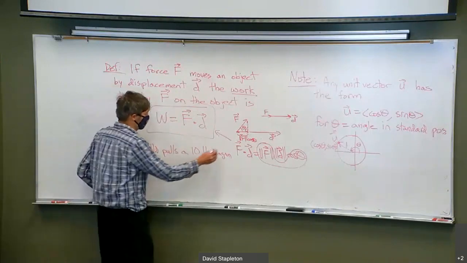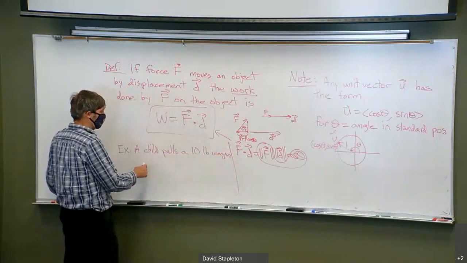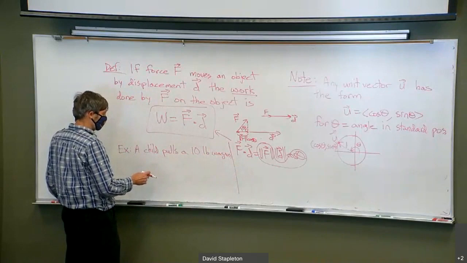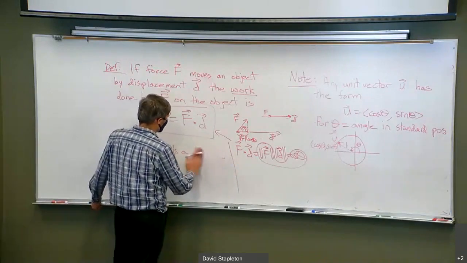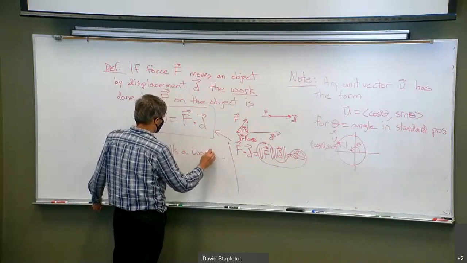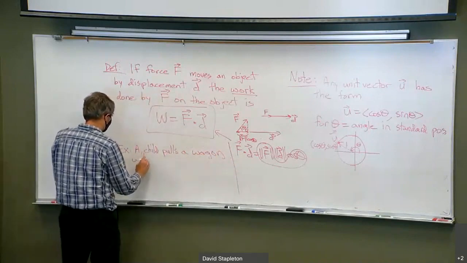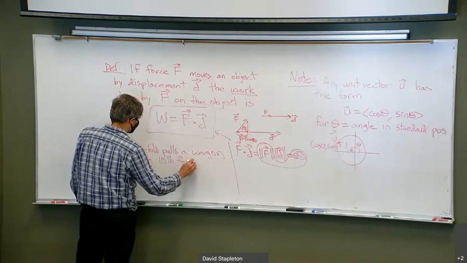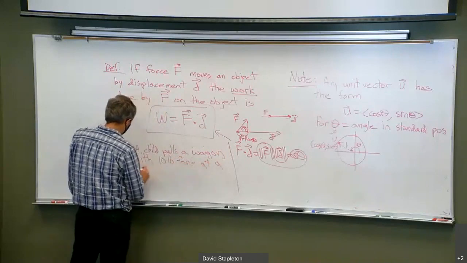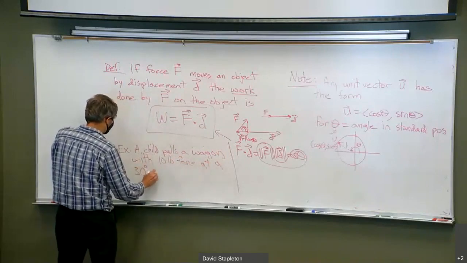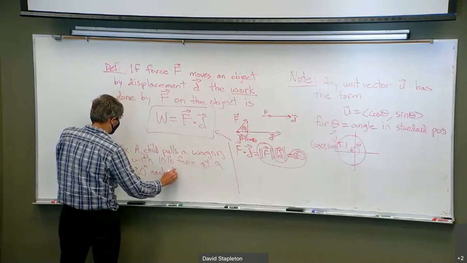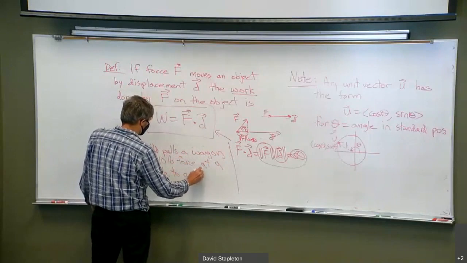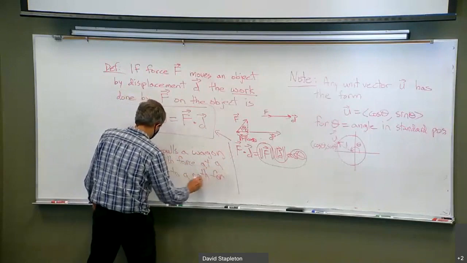So this will be a force on the wagon. The child pulls a wagon with 10 pounds of force. Child applies it at a 30-degree angle to the path that the wagon is pulled along for, let's say, 20 feet.